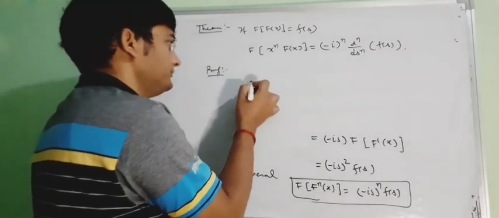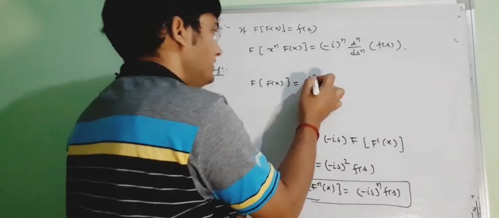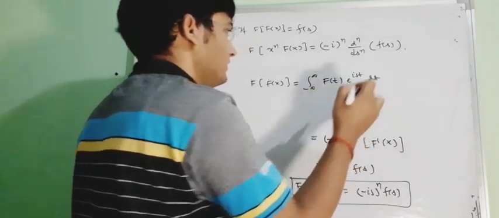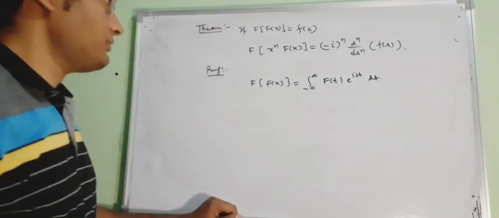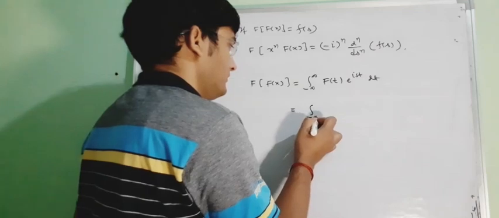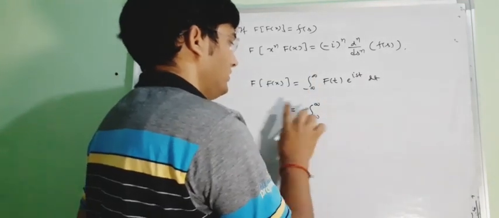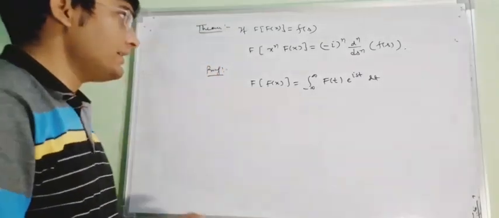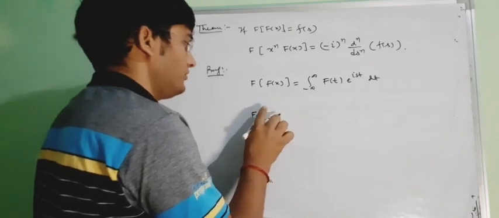So proof, we know that the Fourier transformation of f(x) is equal to the integral from minus infinity to infinity of f(t) e to the power ist dt. So let us replace our function by x power n. We will prove this result with the help of induction.